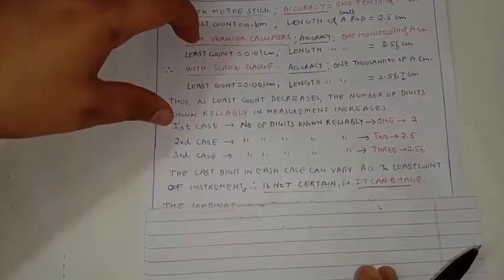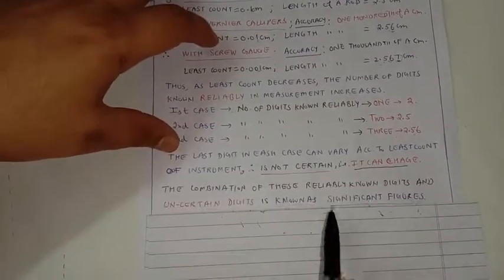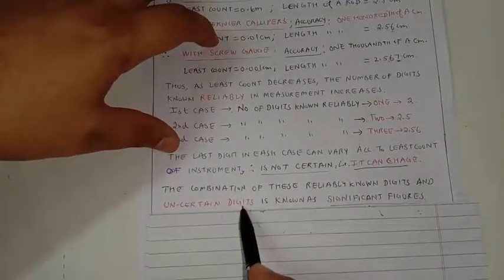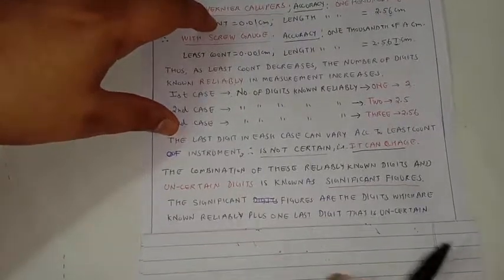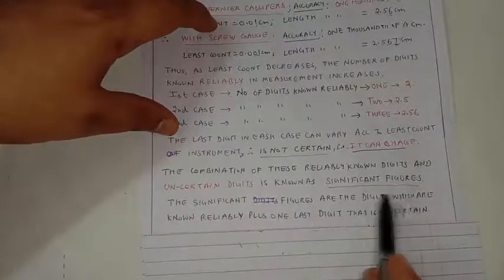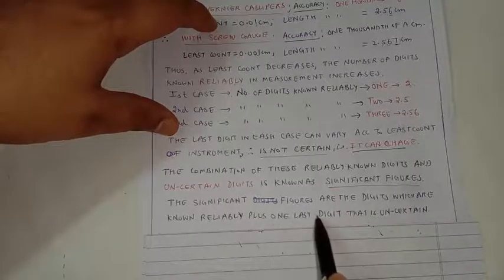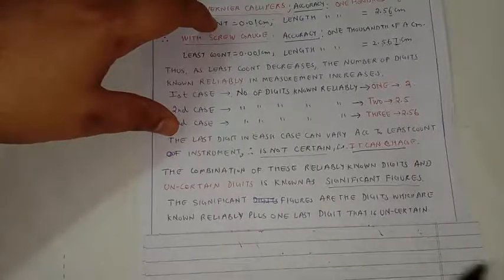In this case, the combination of these reliably known digits and uncertain digits we call the significant figures. So if we define them, the significant figures are the digits which are known reliably plus one last digit that is uncertain to us.